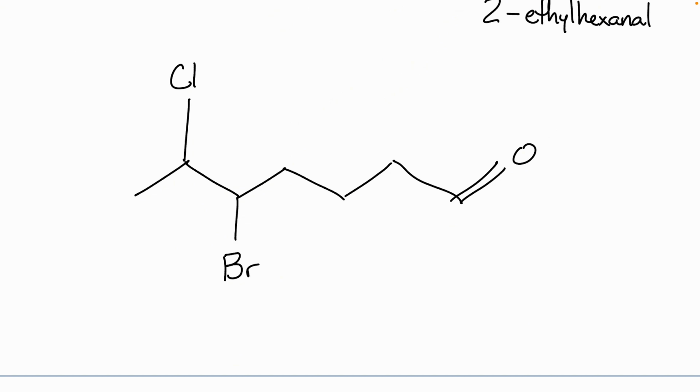All right, and again, for this one, we're going to find our parent chain. Okay, I have these 2 halogen functional groups here, a chloro group and a bromo group.